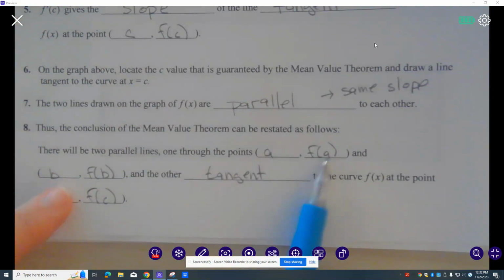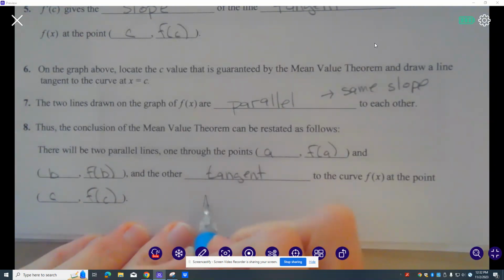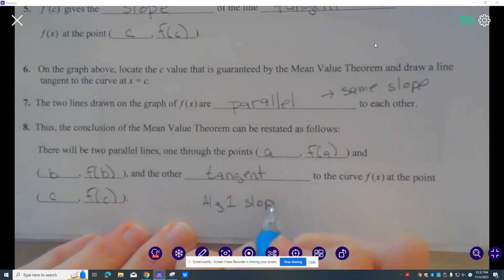So these are both lines, and if they have the same slope, then they are equal. So what we have going on here is algebra 1 slope equal to derivative.